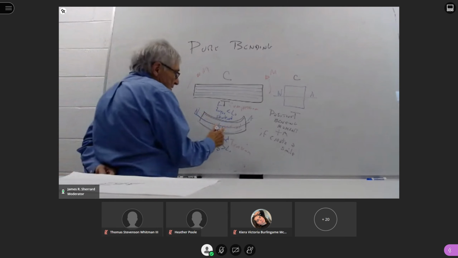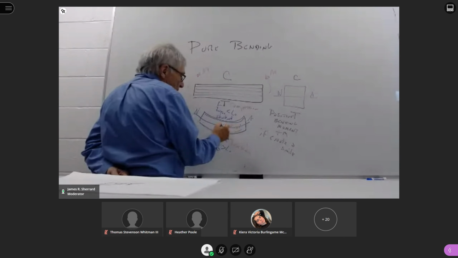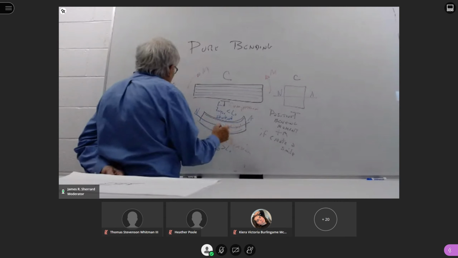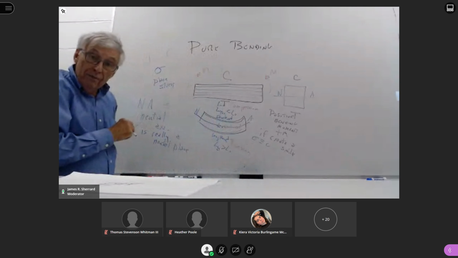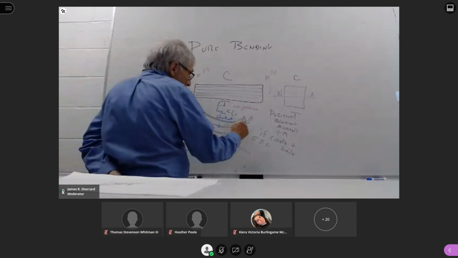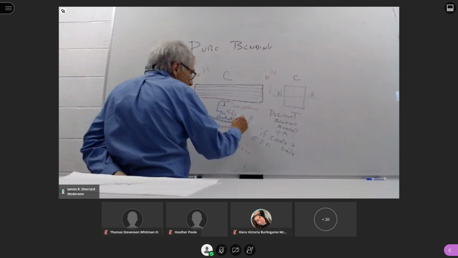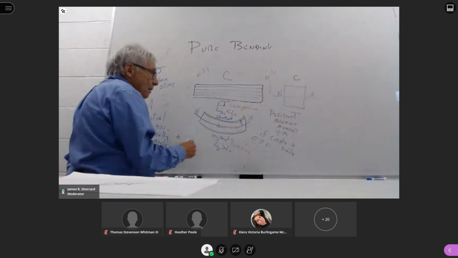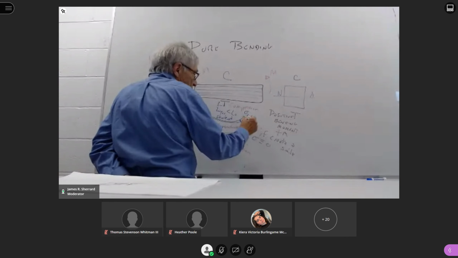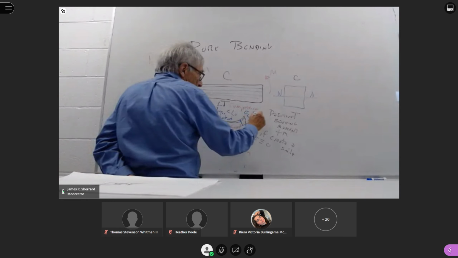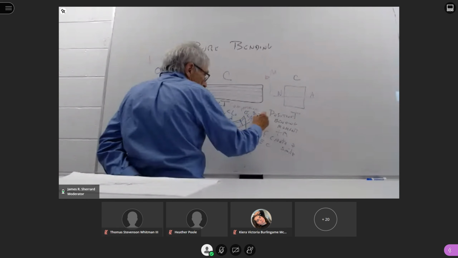So in just looking at this, if it is unstressed on this neutral axis, which means sigma is exactly equal to 0, as we go away from the neutral axis towards the top, we'd expect sigma for compression to increase.